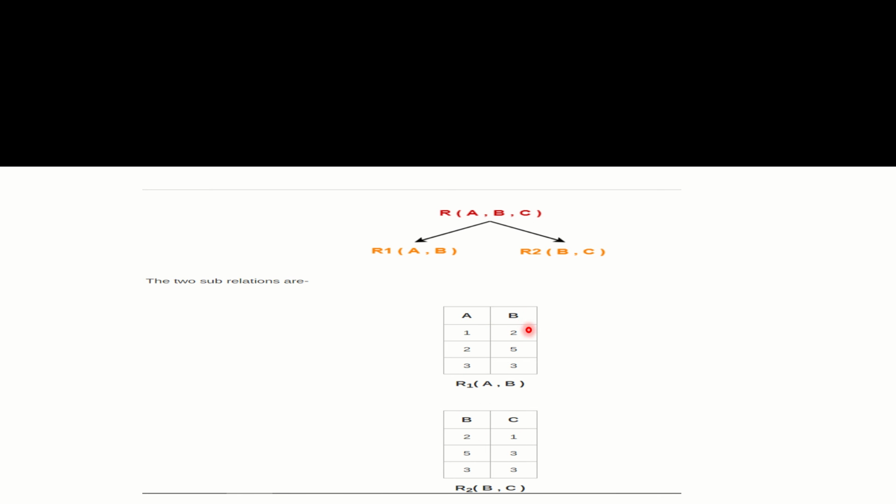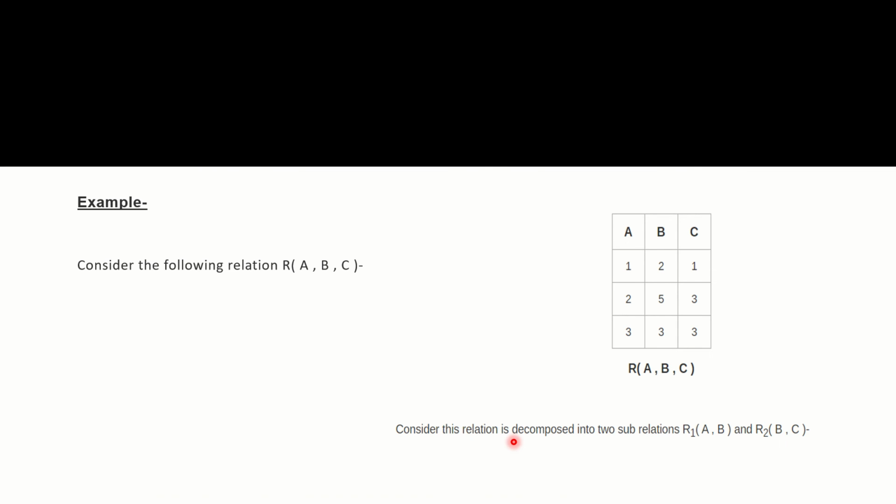We check whether any value in this field contains the value 2. So this one. If we perform the natural join, we will get 1, 2, 1, which was the original relation.